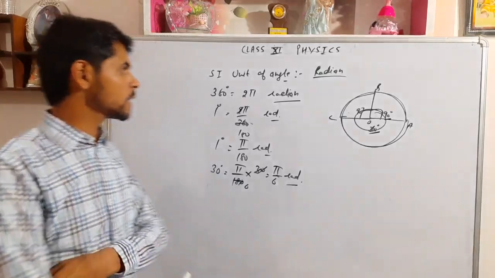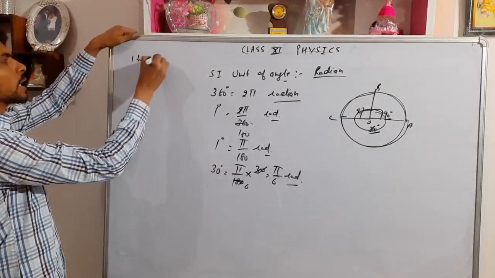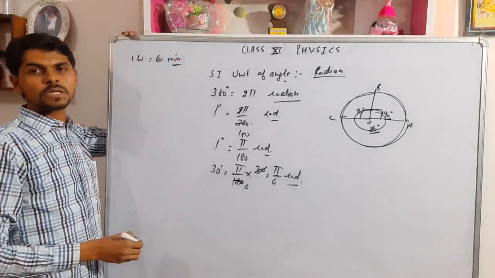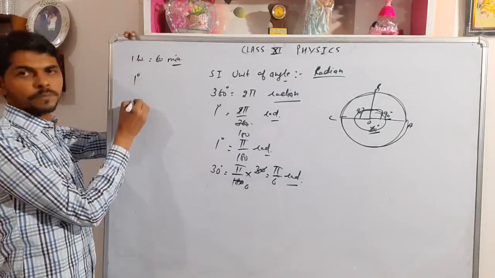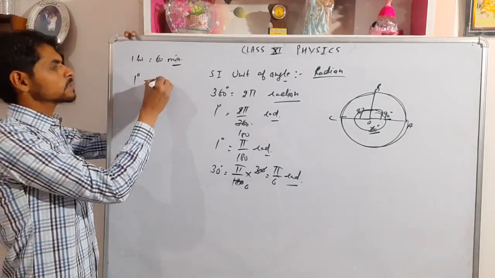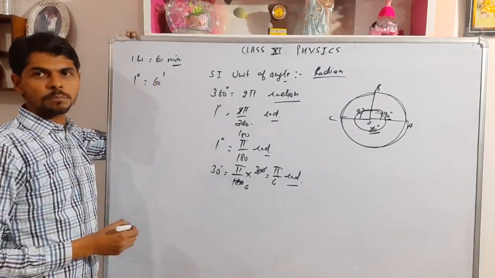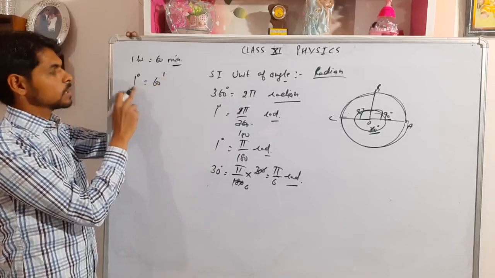Moving further, as we all know, 1 hour has 60 minutes. Similarly, 1 degree of angle also has 60 minutes. A minute is represented by a dash on the number 60. We put a dash on 60, and this becomes 60 minutes.